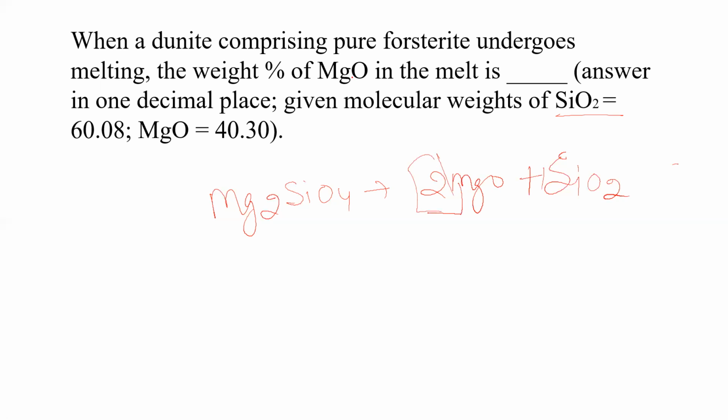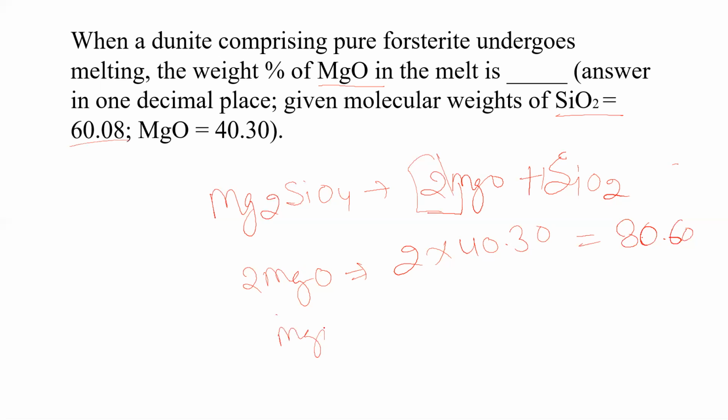So for the weight percentage of MgO, what will we be doing? We have here 2 MgO, so you will have to calculate for 2 MgO only. 2 into 40.30, which is equal to 80.60, while SiO2 is given here as it is.